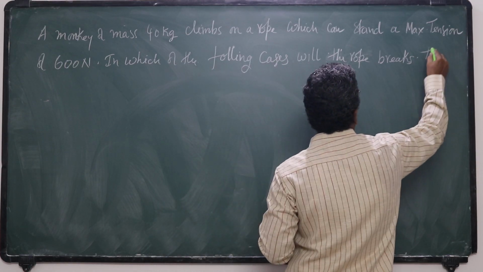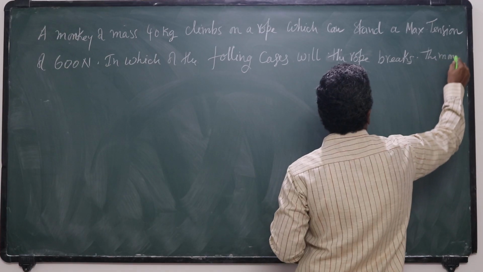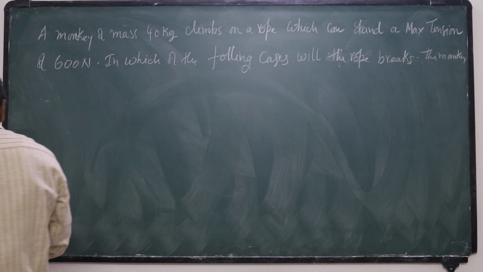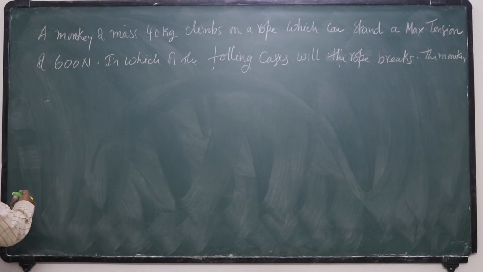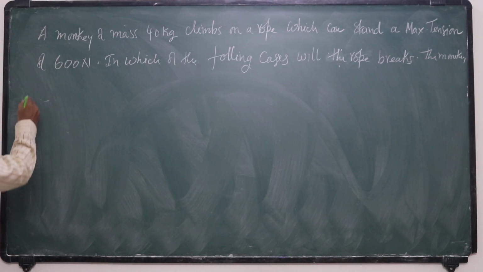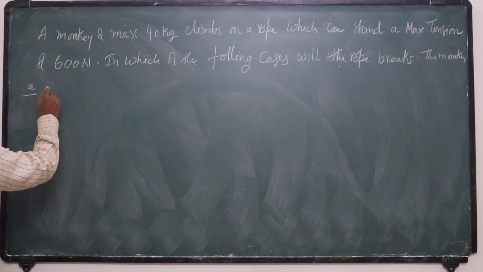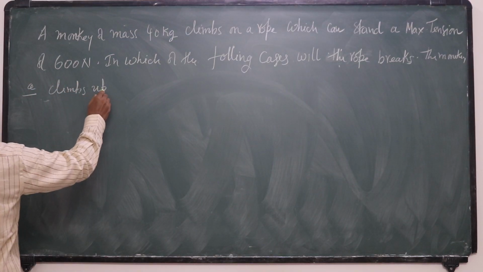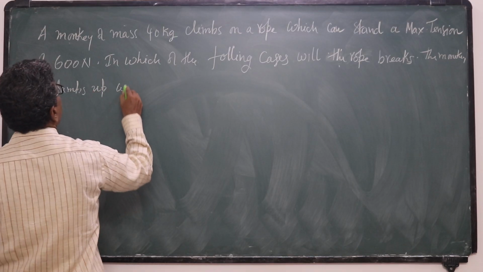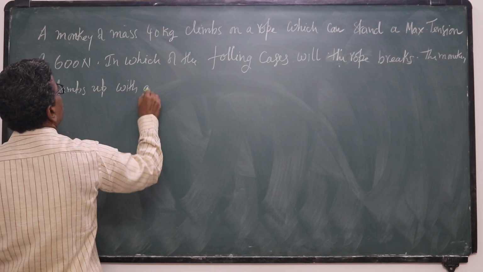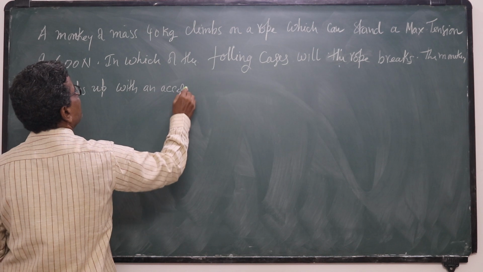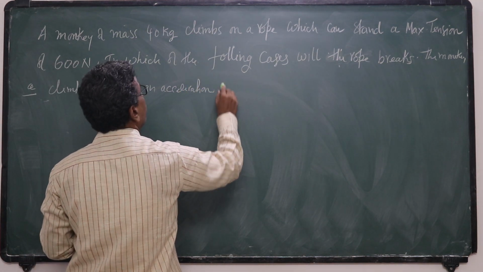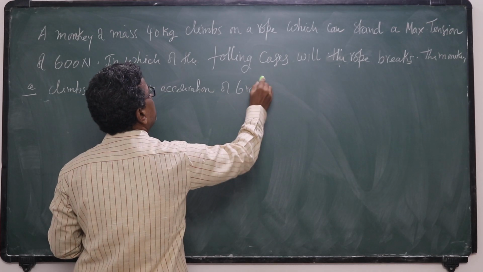Here different cases are given. Case A: the monkey climbs up with an acceleration of 6 meters second to the power minus 2.